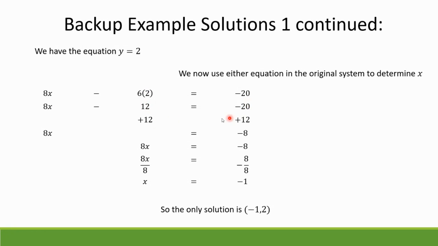We add 12 to each side, remembering we want to isolate x. So 8x is negative 8, and we divide by 8 to get x is negative 1. So we get (negative 1, 2). That's the only solution.